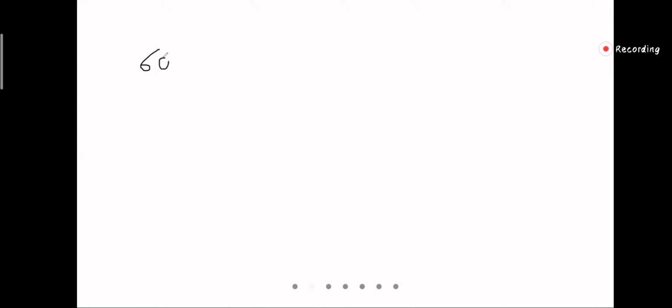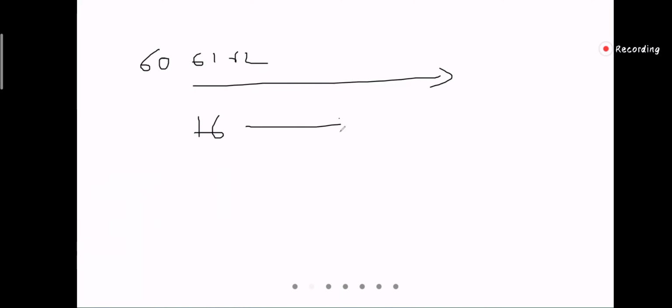From 60H, 61, 62, 16 locations I have to make 0 from 60H location. Please understand this. From 60, 61, 62, 63, 64, make each location 0. Are you getting or not?